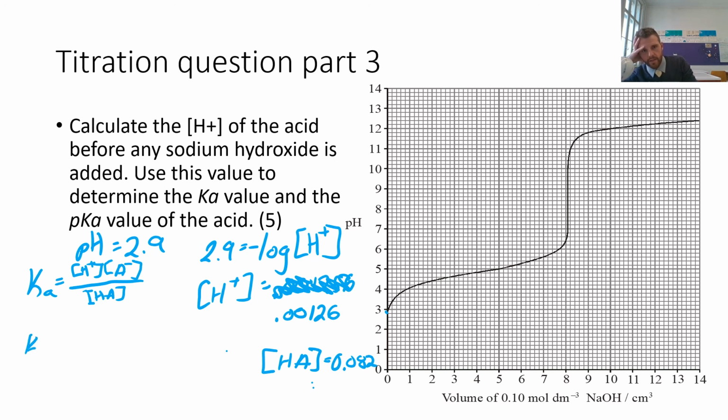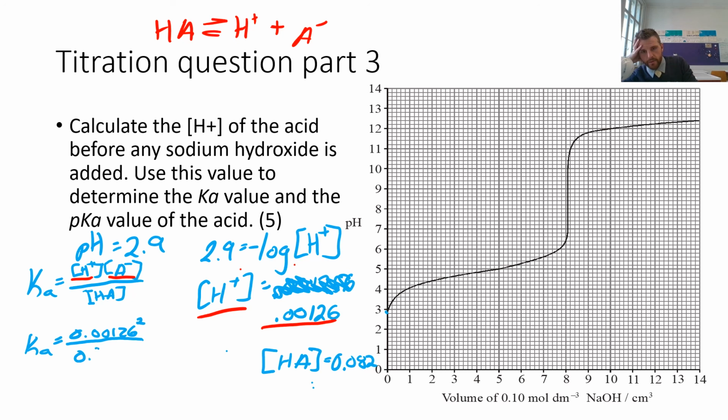So then Ka has to be equal to 0.00126, and I'm putting this number in here, and it's going to be here as well because HA goes back and forth to H plus and A minus, so whatever H plus is, A minus has to be the same. So that number squared over 0.082.